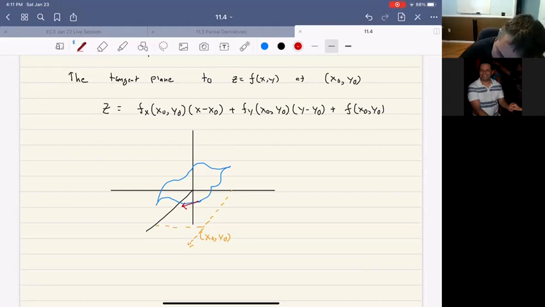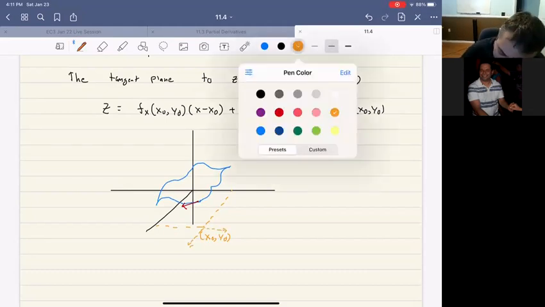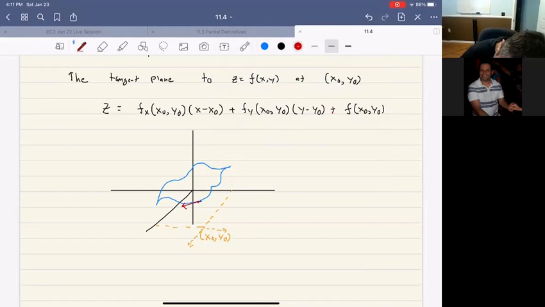As we go in the y direction, as we go in this direction, we're going to have a vector here. And remember, a plane is defined by any two vectors or any two lines, and you also get the normal vector, which is perpendicular to it. So this is our normal vector.